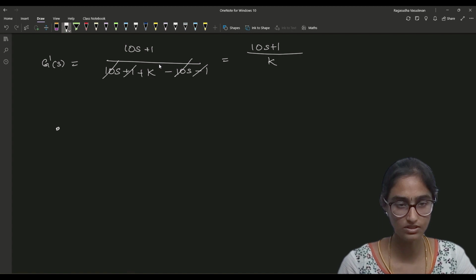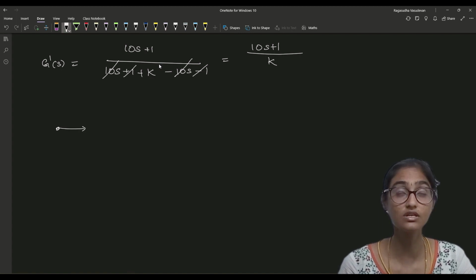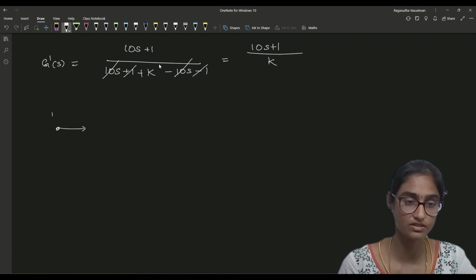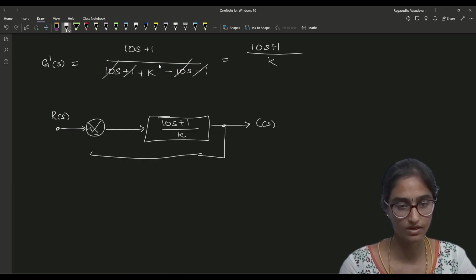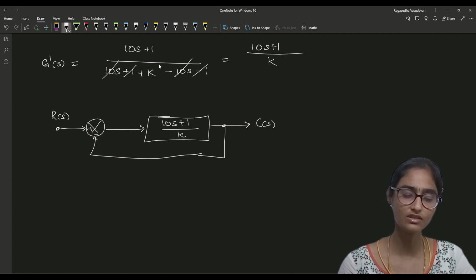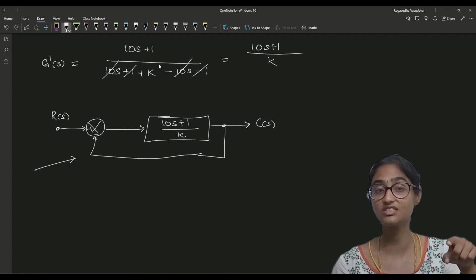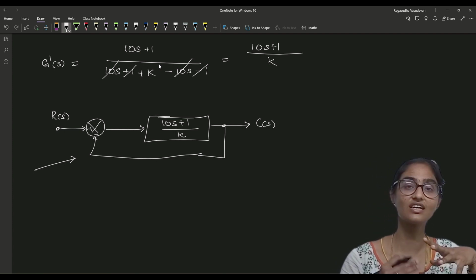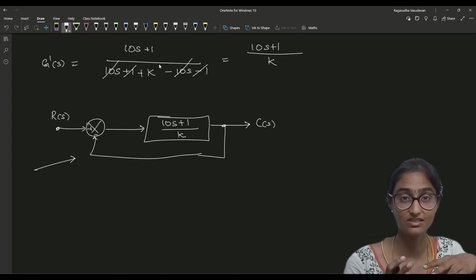So now this is the modified open loop transfer function of the system, and to this we have a unity feedback that's connected. So in this case we can right away apply the formulas, because this G dash of s is a unity feedback system.